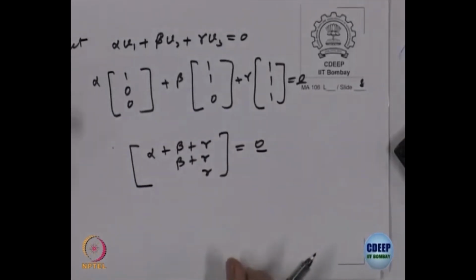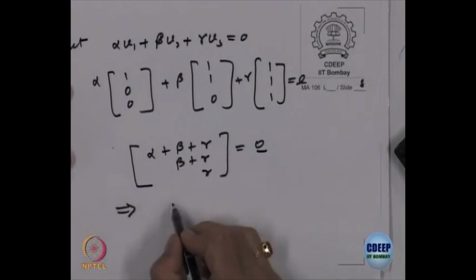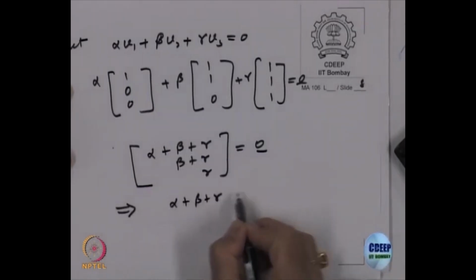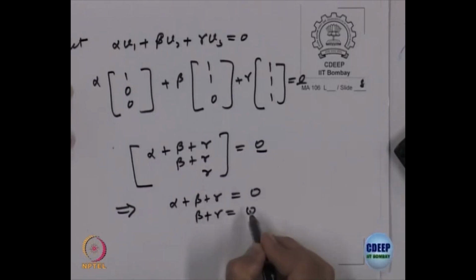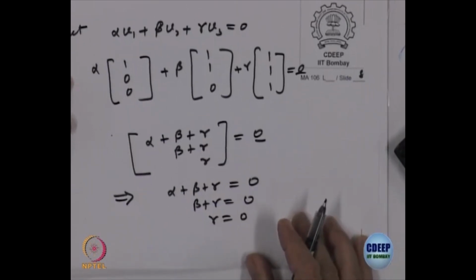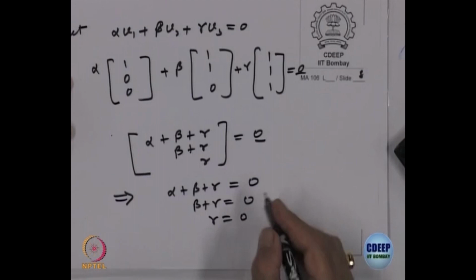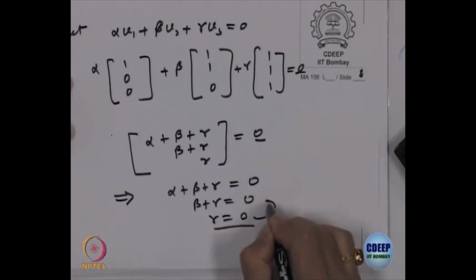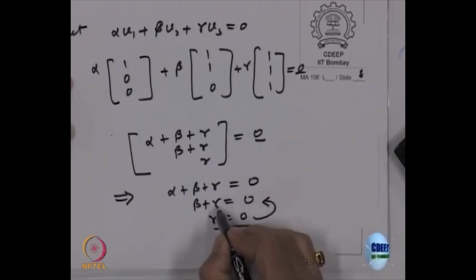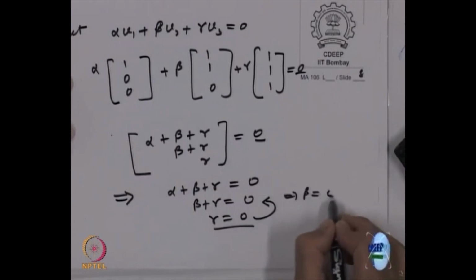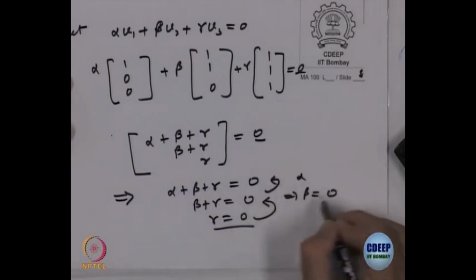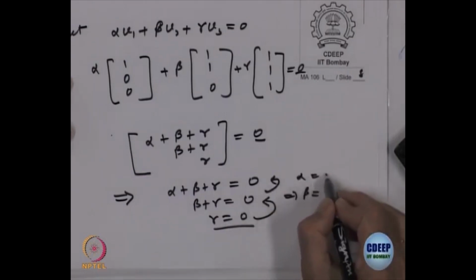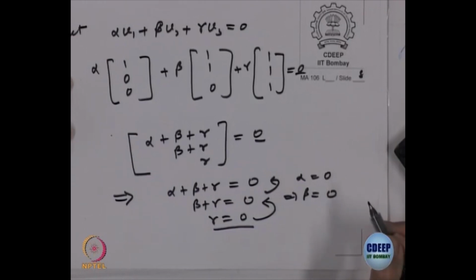I have just added those vectors, but that means what? Alpha plus beta plus gamma, the first equation, should be 0, second beta plus gamma should be equal to 0, and third says gamma should be 0. So these 3 equations must be satisfied, and now gamma is equal to 0. If I put it back here, gamma is 0, that implies beta is equal to 0. Now beta and gamma both are 0, put the values here, that implies alpha is also equal to 0.